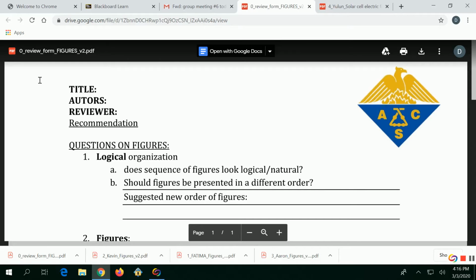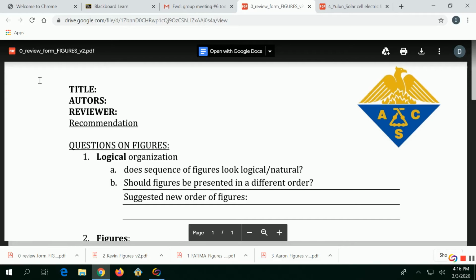The first question is logical organization, which means setting up the figures as illustrations that navigate the reader to the main result, the main target observable, or the main target trend.